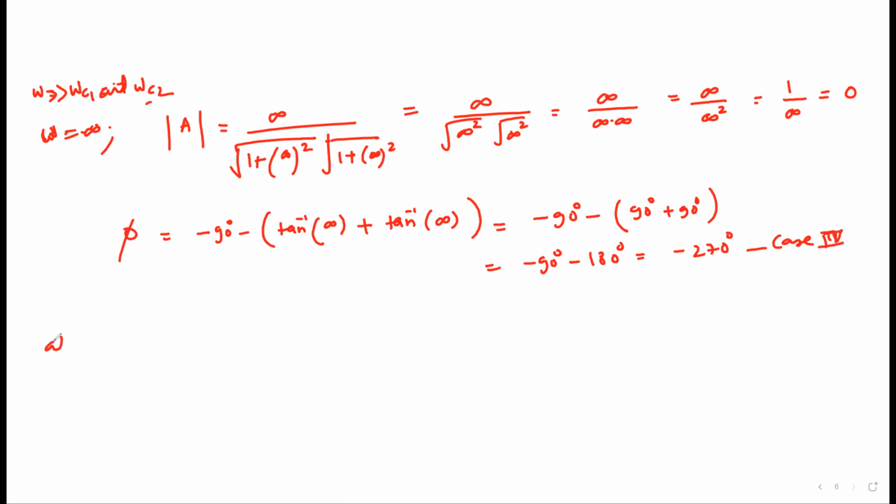Okay, we can also analyze the circuit at omega C1 equal to omega C2. This is when these two pole frequencies are equal, and our signal frequency is equal to them. In that case, again, the magnitude can be obtained, and we see what value it will take.